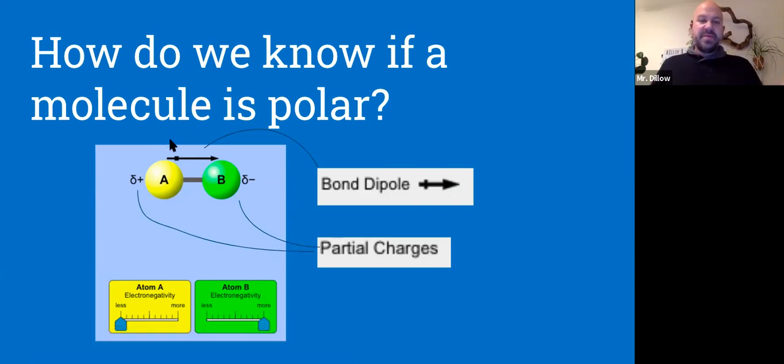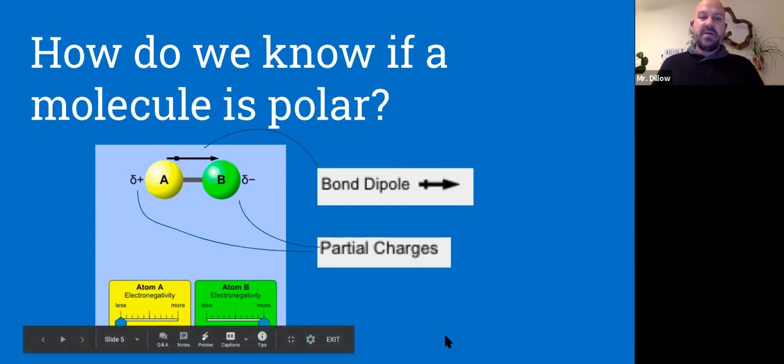So here's an example of something we looked at. In this case, we have two atoms. The yellow atom is not very electronegative, and on the right, B, the green atom, is very electronegative. So we see that there's a bond dipole which points to the more electronegative side.